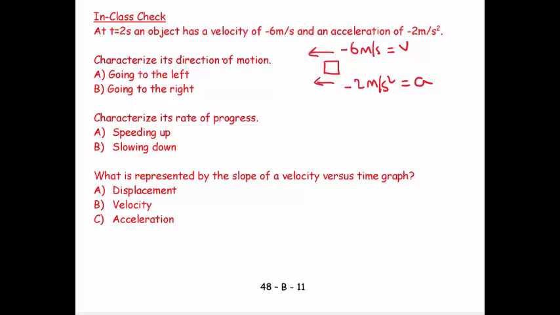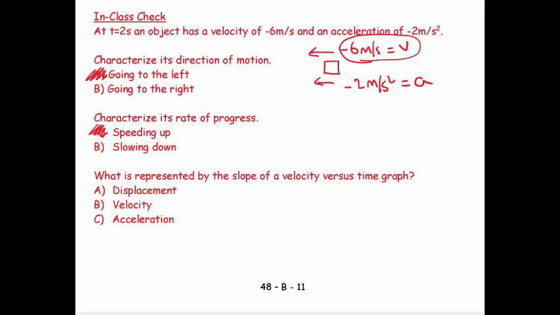So characterize the direction of motion. You always go with the velocity, so that's going to the left. And characterize the rate of progress. Is it speeding up or slowing down? Both velocity and acceleration are pointing in the same direction, so it's speeding up.